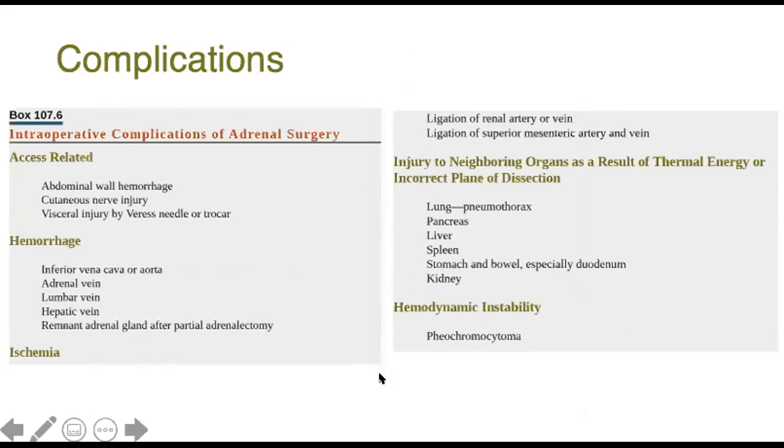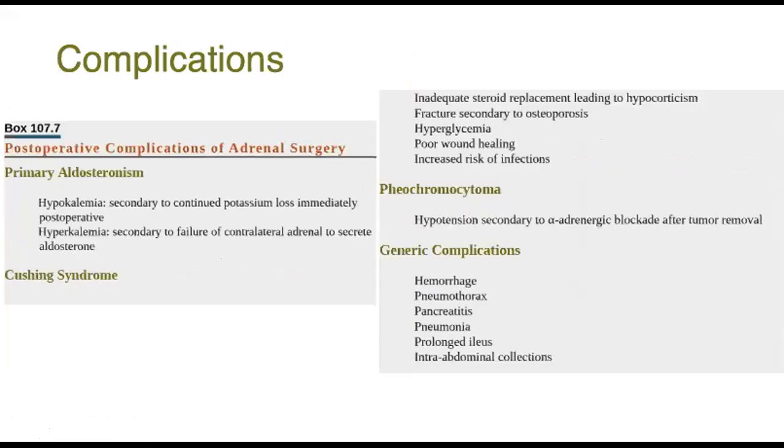Also, patients with pheochromocytoma may exhibit hemodynamic instability. For post-op complications, post-adrenalectomy patients may have primary aldosteronism, Cushing syndrome, pheochromocytoma, and the generic ones such as bleeding, pneumothorax, pancreatitis, pneumonia, ileus, and other intra-abdominal fluid collections.